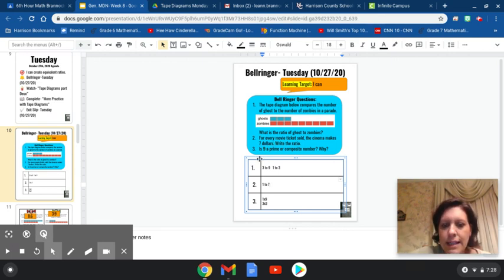Okay. Is 9 prime or composite and why? So that's using your vocabulary. It should be in your ISN. So 9 has 3 factors: 1 and 9, and then you have 3 and 3, but because that's the same number, 9 has 3 factors. Well, that's more than 2, so therefore 9 is composite. And then you can put your I know this because: 9 has more than 2 factors.